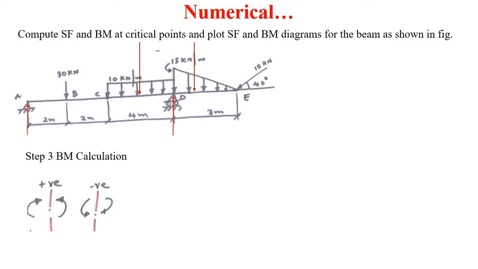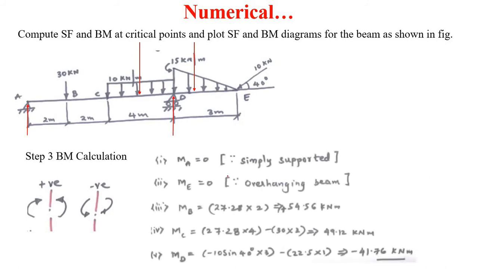So bending moment will be 0 here. Again, the bending moment at point E will be 0 because it is an overhanging beam, and at the free end of an overhanging beam the bending moment will be 0. So MA is equal to 0, moment at E is equal to 0 because it is an overhanging beam.